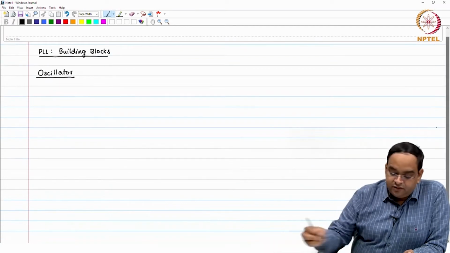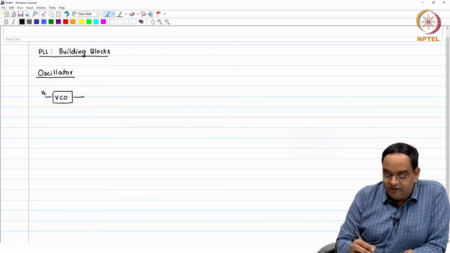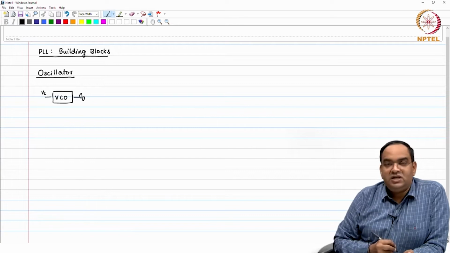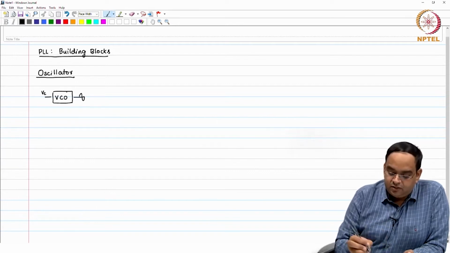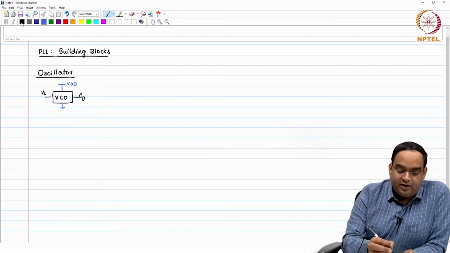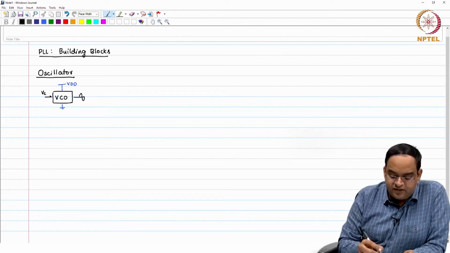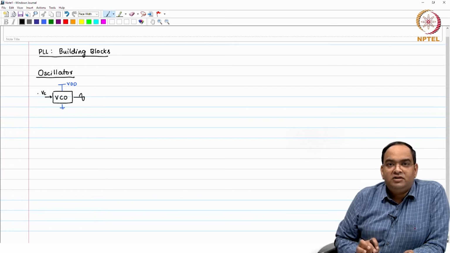We have used repeatedly a block named VCO, voltage controlled oscillator, where we control VC and we get V out whose frequency we can control. Just to add details to this block: it connects to the supply VDD and ground, and you do not feed any other signal other than the VC signal, and VC controls only the frequency.